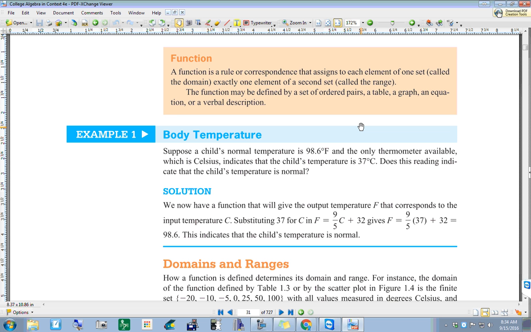A function may be defined by a set of ordered pairs, a table, a graph, equation, or a verbal description. Basically, if I put this in the simplest terms possible, one thing in, one thing out. If I do something, only one thing should happen. That would make sense, right?